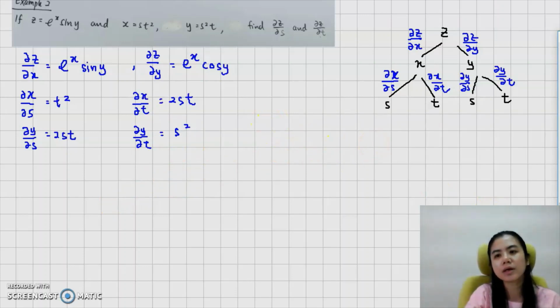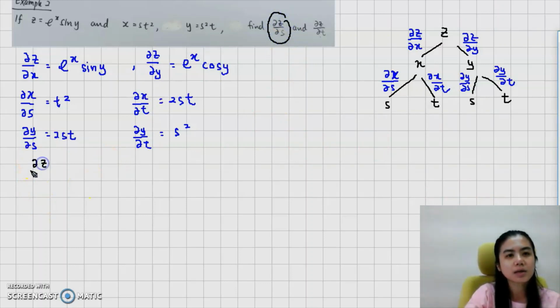Now let's look at the first part, that is del z del s. If we refer to the diagram, it will help us answer these questions. We're talking about differentiating with respect to s. You look at the nodes that involve s and analyze the branch.